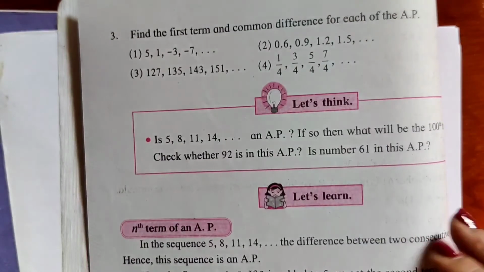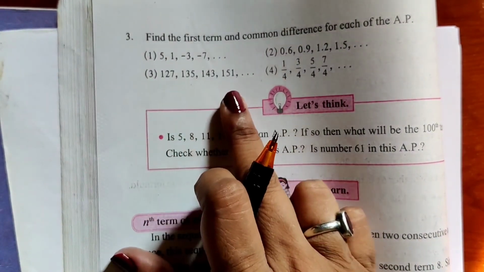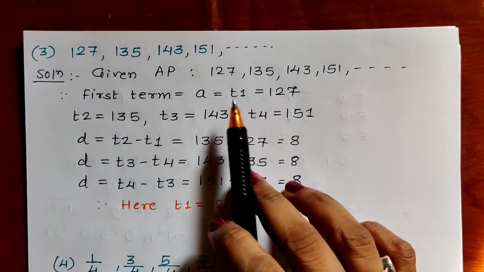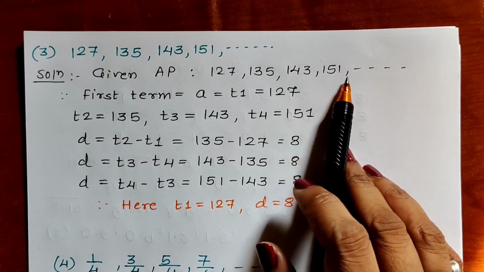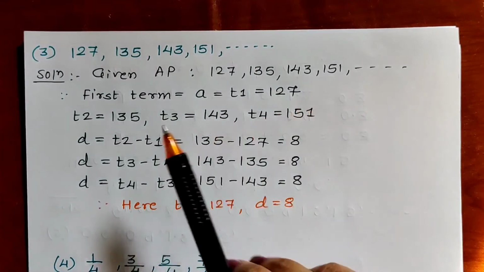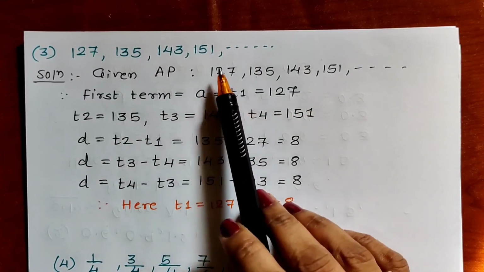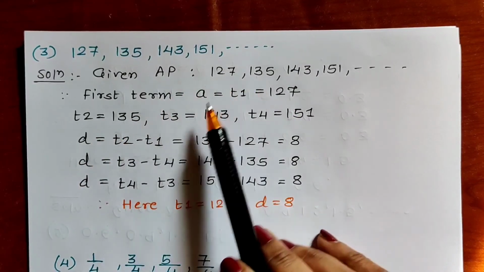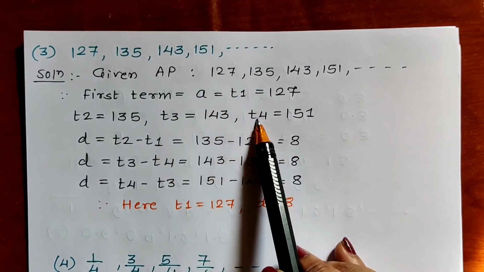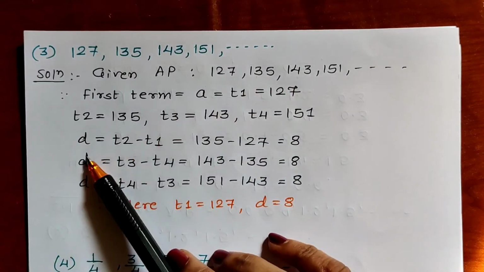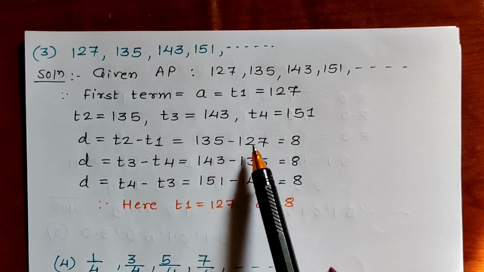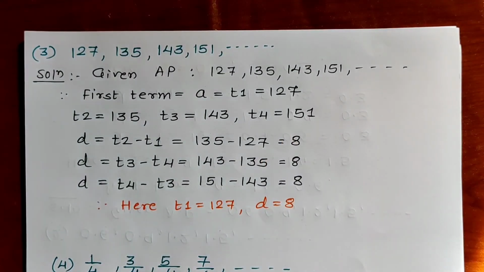Third sum, 127, 135, 143, 151, infinite. So given AP, 127, 135, 143, 151, infinite. Very easy sum. First term A is equal to T1 is equal to 127, correct? Then T2 is 135, T3 is 143, T4 is 151. Let us find the common difference D, which is equal to T2 minus T1. 135 minus 127 is 8.